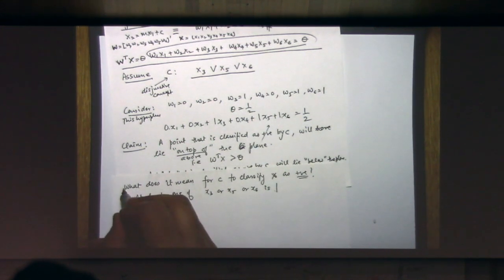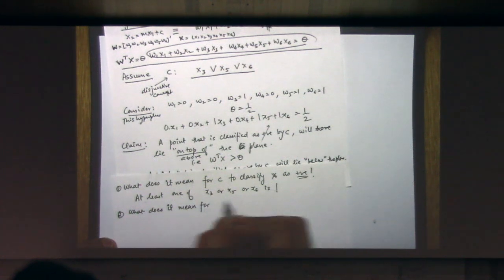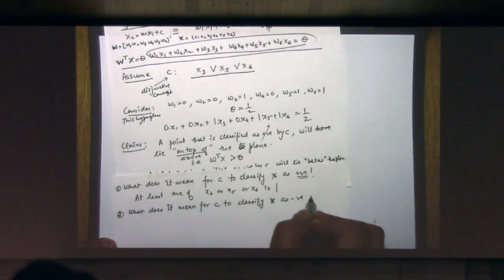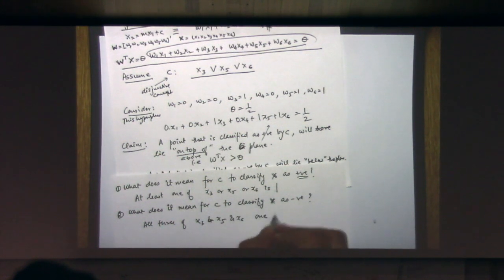That's question number 1. Question number 2 is, what does it mean for C to classify X as negative? Which means that all three of X3 and X5 and X6 are 0, right?